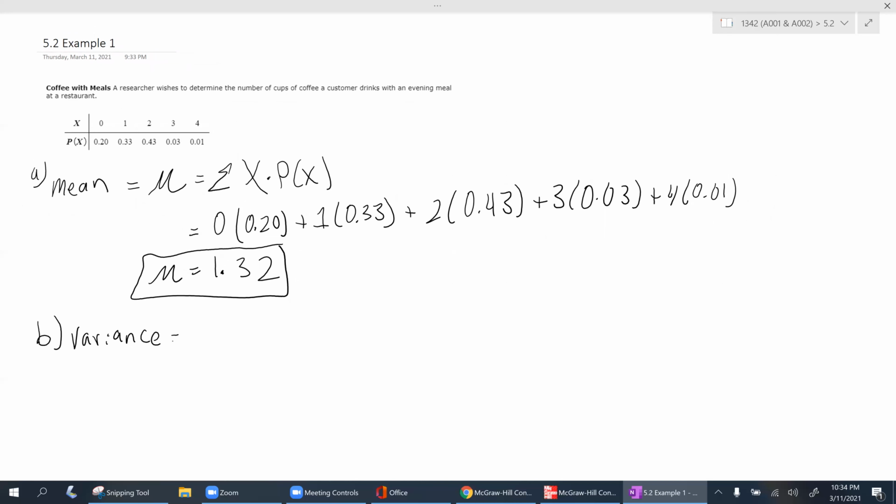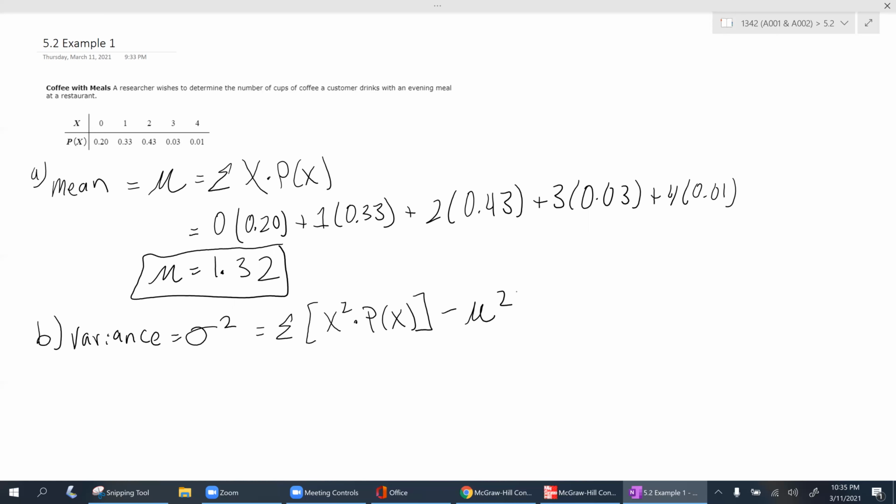We know that our variance is noted as sigma squared, where this is going to be the sum of the product of my x squared values times those probabilities minus my mean squared. So how is this going to look?